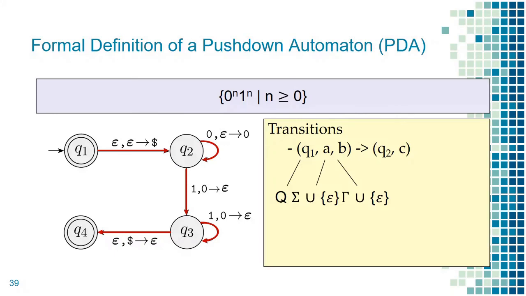We have our transition alphabet, anything that can be used to pop or push onto the stack. And again, we can pop or push epsilon onto the stack. Q2 then of course is a state, it's what state we end up in. And the last one is of course another part of the transition alphabet. It's something that is pushed onto the stack. And of course we can also push onto the stack epsilon.